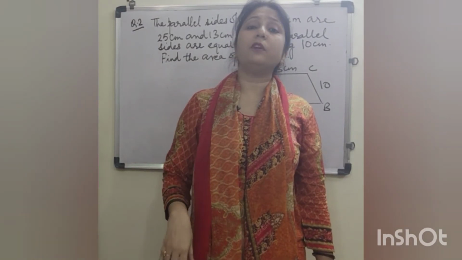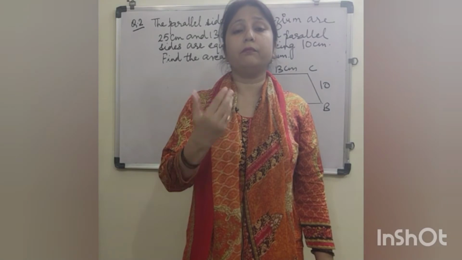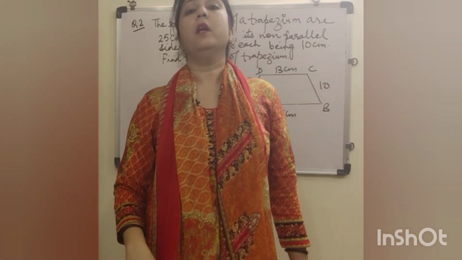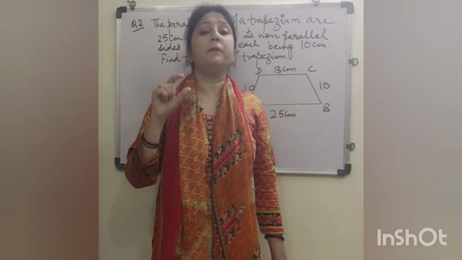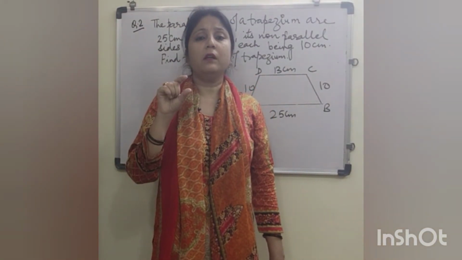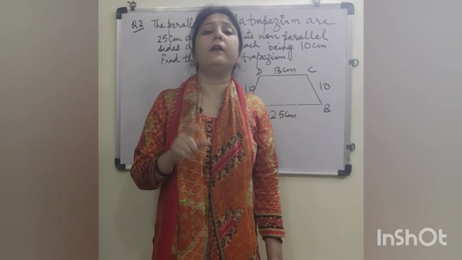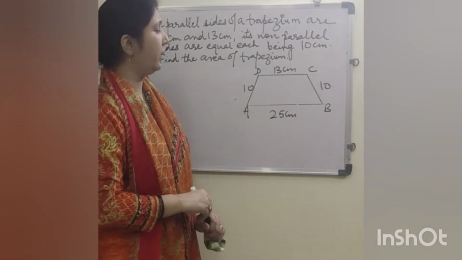That is half into the sum of the lengths of parallel sides. You do have both the parallel sides. What you don't have is the height. So your major focus should be on calculating the height of the trapezium. Just see how I continue with this.